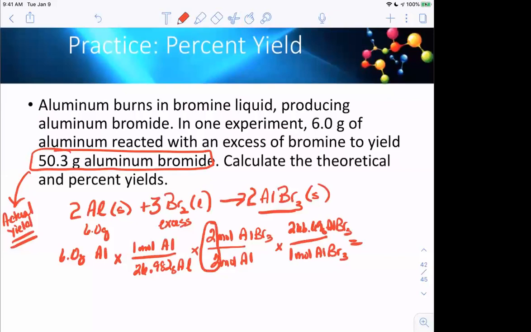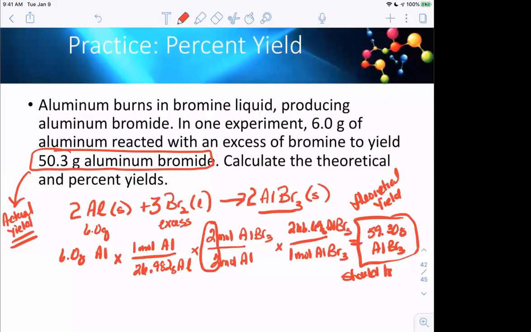So if I do this reaction, what I'm going to get is 6 times 266.69 divided by 26.982, and that is going to give me 59.30 grams of AlBr3. This is the theoretical yield. This is what should have been made.